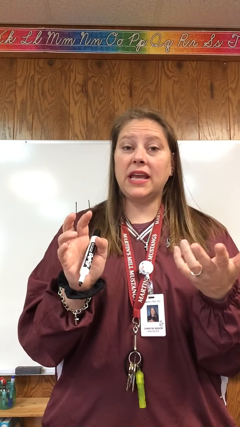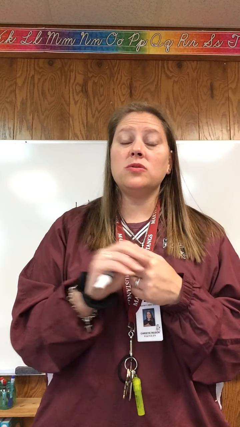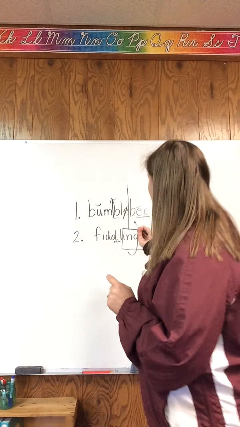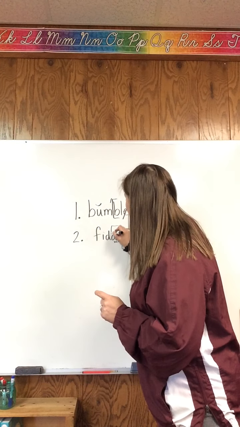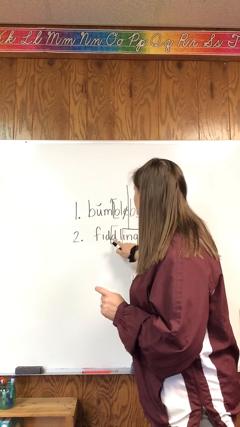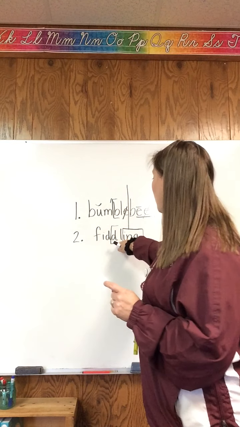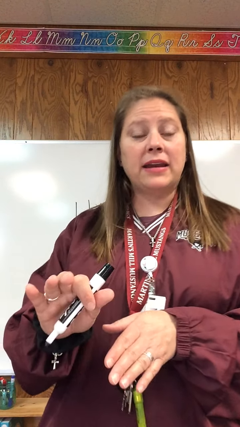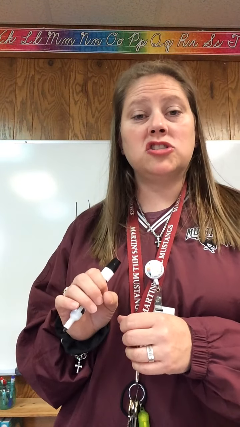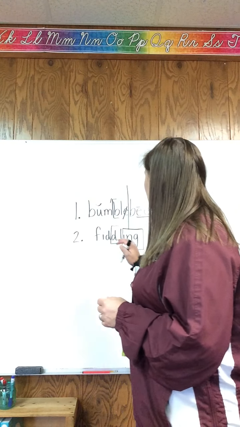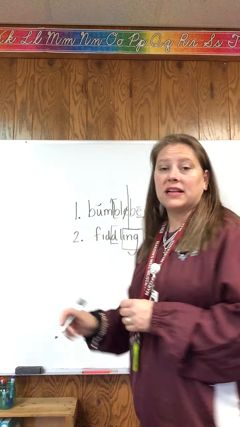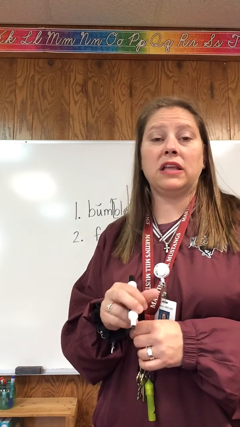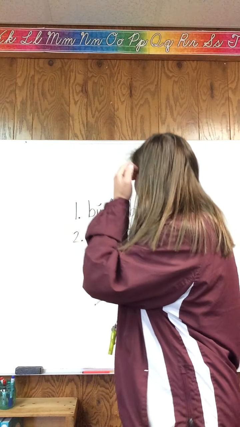So if there was an E dropped there, then guess what you did have at one time before the suffix was there? That's right, you had a final stable syllable. So we're going to take that blend away. We know that the E was dropped in order to add suffix ing, and so now we can figure out what's going on here. That's final stable syllable DLE, which says dull.